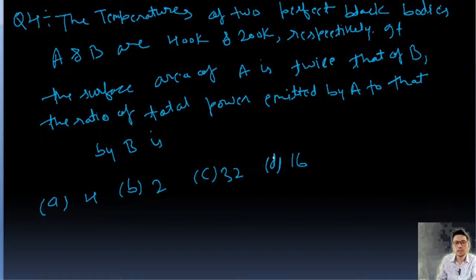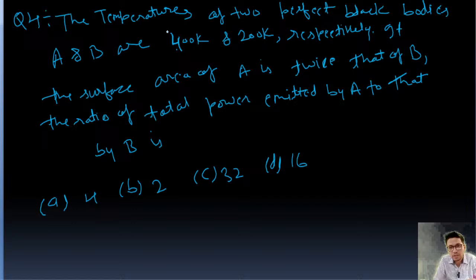So the question is: the temperatures of two perfect black bodies A and B are 400 Kelvin and 200 Kelvin respectively. These are the temperatures of the perfect black bodies. We know what a perfect black body is, right? It emits and absorbs complete energy.